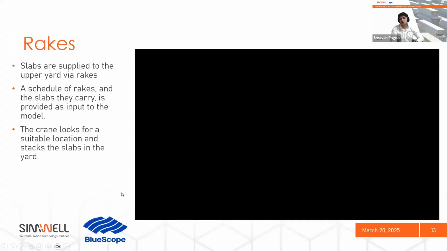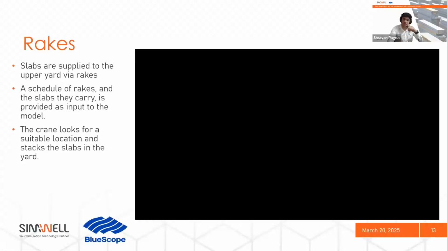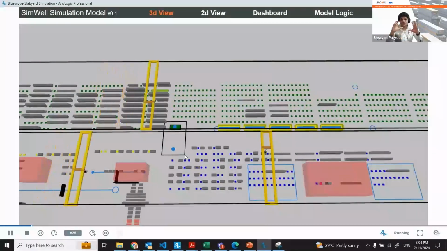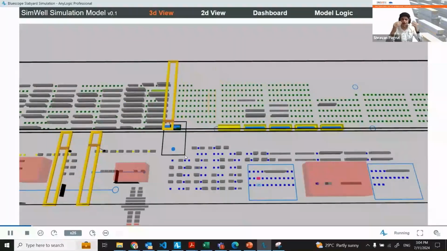Now let's get into the model, where we'll first start with the way slabs are coming into the model. Here, as you can see in the video that will now play, we have a string of wagons that we call a rake, and we have slabs, the blue colored slabs, coming on those wagons, and the crane in the upper yard is working to take them from the rake and put them in the yard.